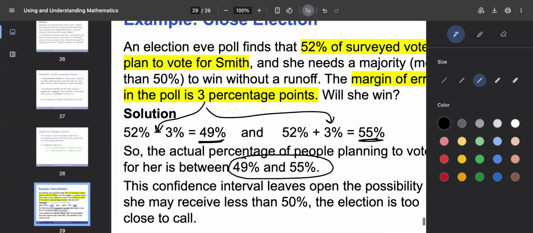So they have to wait until there's enough information that they are willing to bet that, hey, even if we get the rest of the votes, this person's already won. So in that case, all of this would be above 50%. Okay, so there is that lovely thing. When you find the margin of error, you're adding it and subtracting it from the percentage.